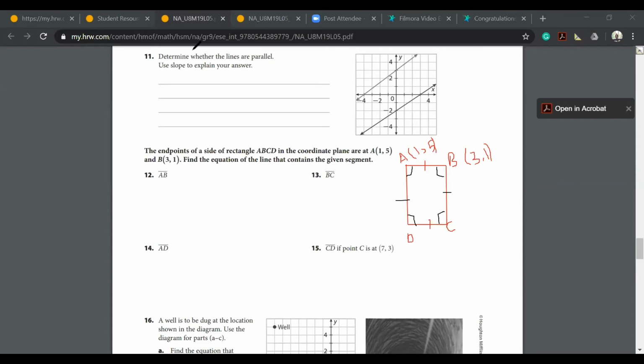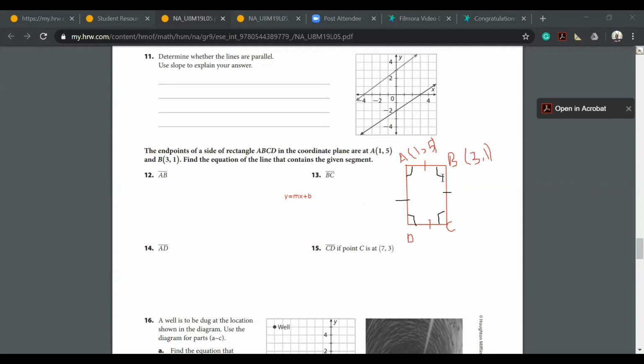Okay, first of all, what is an equation? The equation of the line is the very simple equation y equals mx plus b, right? So I need to find m and b. Didn't we say that for a rectangle, BC is actually perpendicular to AB because the angle between them is 90?